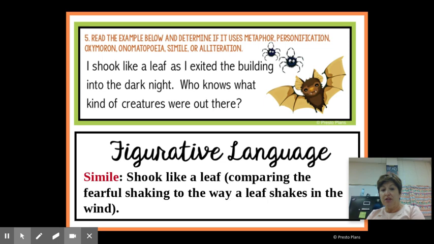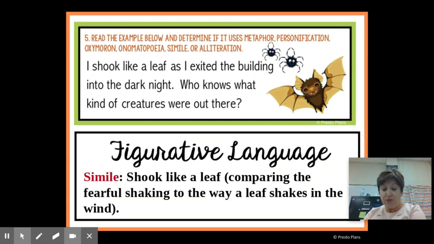Shook like a leaf compares the fearful shaking to the way a leaf shakes in the wind. Similes are usually easier to find in your reading because they have the word like or as. But just because it has the word like or as in a sentence does not always mean it is a simile. Remember, to find a simile, you're comparing two unlike things.